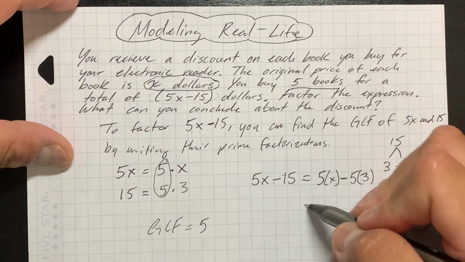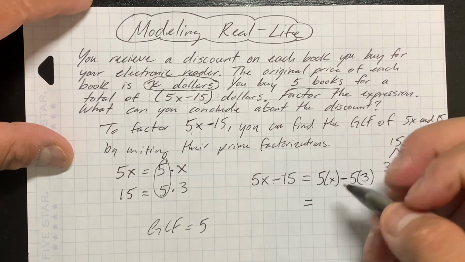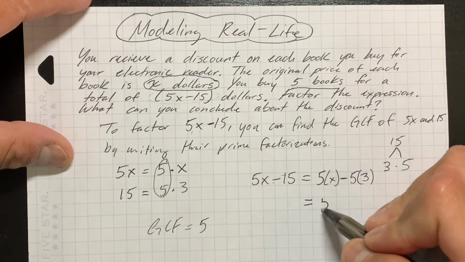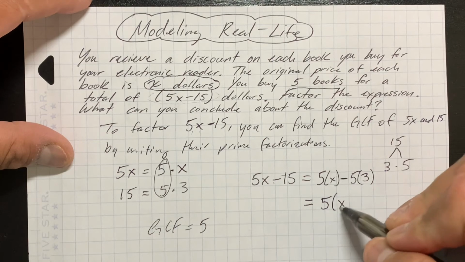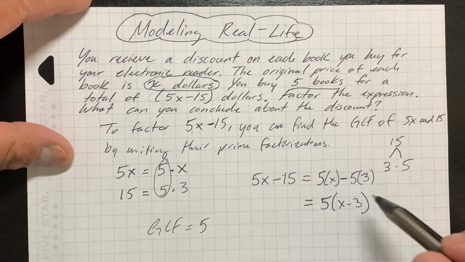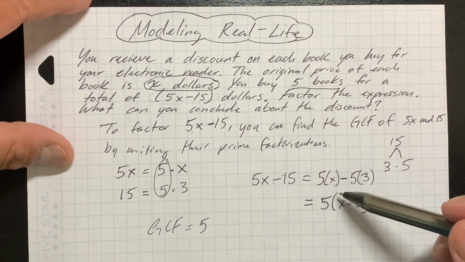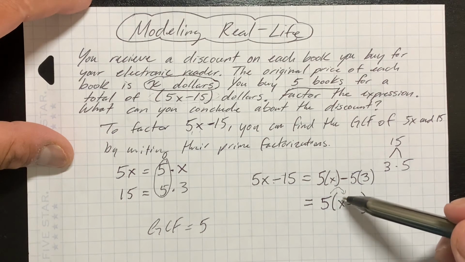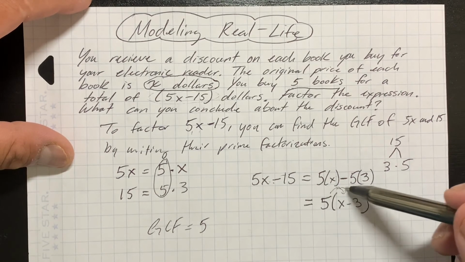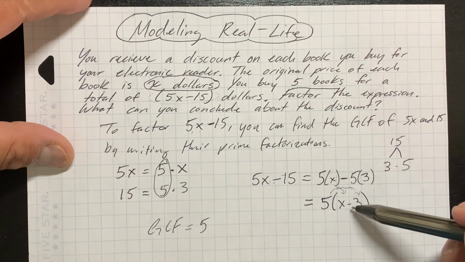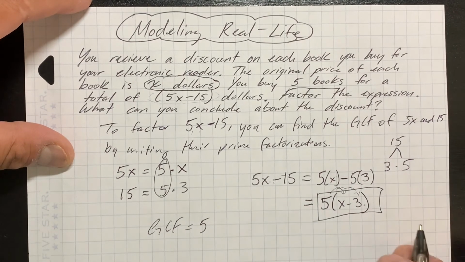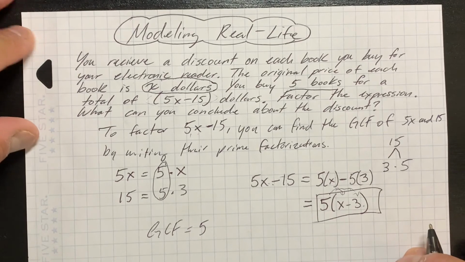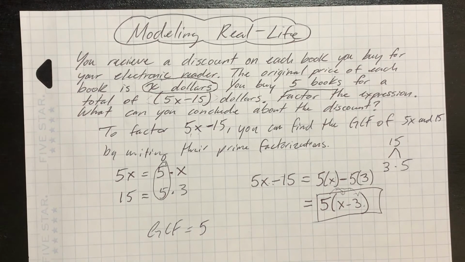So when we write it with the distributive property, the greatest common factor is 5, and inside parentheses we put x minus 3. When you multiply these, 5 times x is 5x, and distributing 5 times negative 3 is negative 15. And there you go, my friends. You just wrote the algebraic expression and factored it.